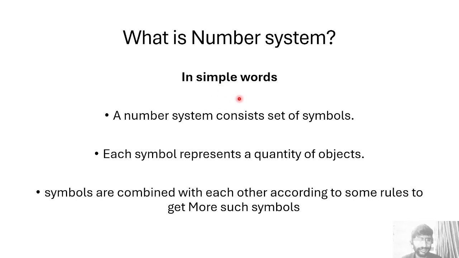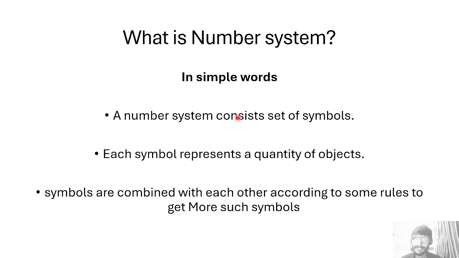In simple words, a number system consists of a set of symbols, each symbol representing a quantity of objects. Symbols are combined with each other according to some rules to get more meaningful symbols. And this makes sense to us, though it might not for our newbie, Frank.